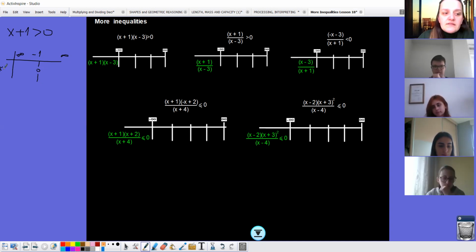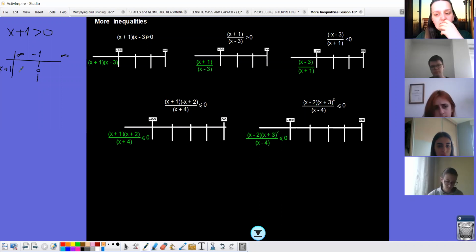Okay, x plus 1. Now, this is a linear inequality, not an equation. Do you remember how we were writing the signs in a linear inequality? Do I start with the same sign as A or the opposite sign of A?